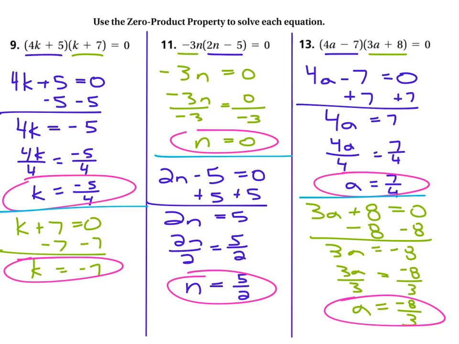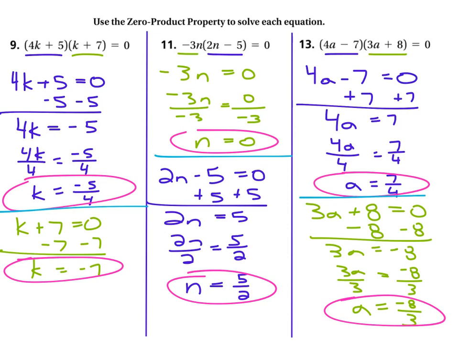Just be careful that you're not replacing a with one number and then later on in the exact same problem, you're putting in a different number. So if you need clarification on that, please check with me. But just know that you're replacing a with either 7/4 or negative 8/3 everywhere you see it, and you're not jumping from one to the other within that same problem.